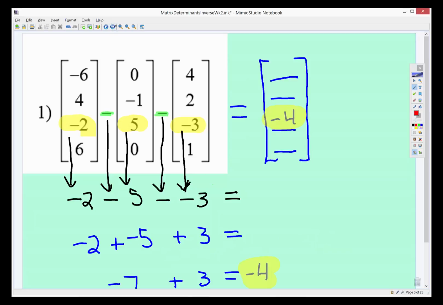So this is what I did. -2, subtract a positive is the same as adding a negative. -2 plus -5 is -7. Subtract a negative: when you remove a negative, things are positive. A double negative is the same thing as adding a positive. And so -7 plus 3 is -4.